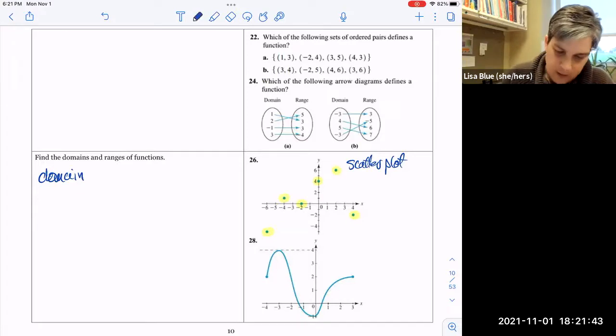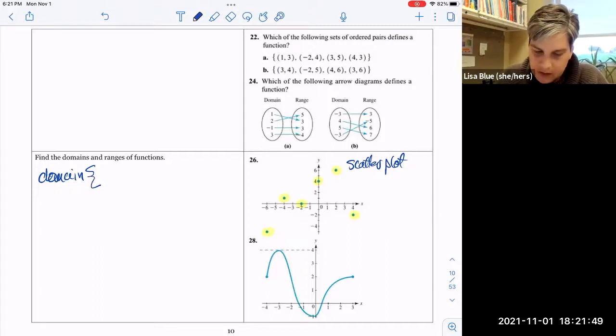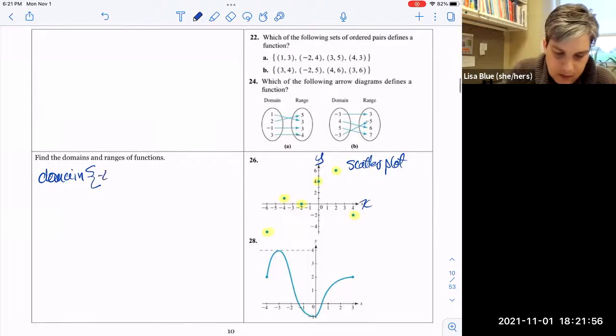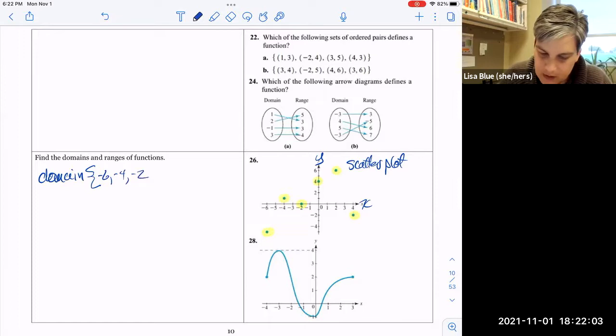And so with the domain being the set of all X values, I'll put my curly bracket there, and I'm going to say, okay, knowing that this is X and this is Y, I see my smallest value of X is -6. I also have -4. I have -2. I've got one on the axis, which gives me a value of 0 for X. I've got one at X equal 2. And I'm just reading these left to right. And then another one at 4.